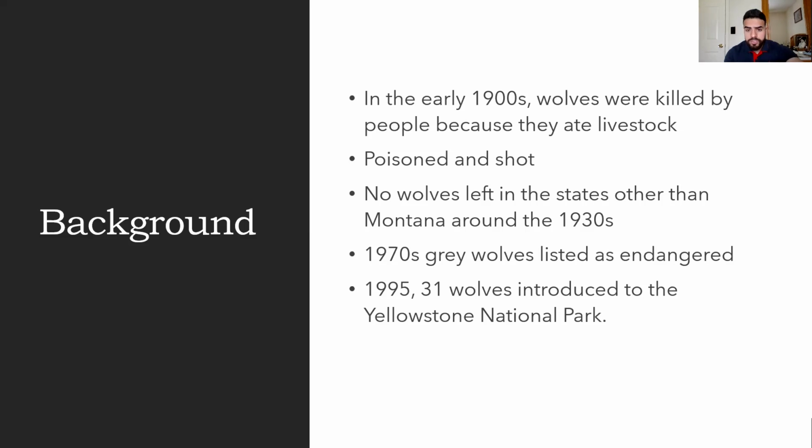The turning point was when they got added to the endangered species list, and that's when they started getting more attention and focus from scientists. Fifteen years later, in 1995, 31 wolves were introduced to Yellowstone National Park in an effort to protect and preserve these animals.